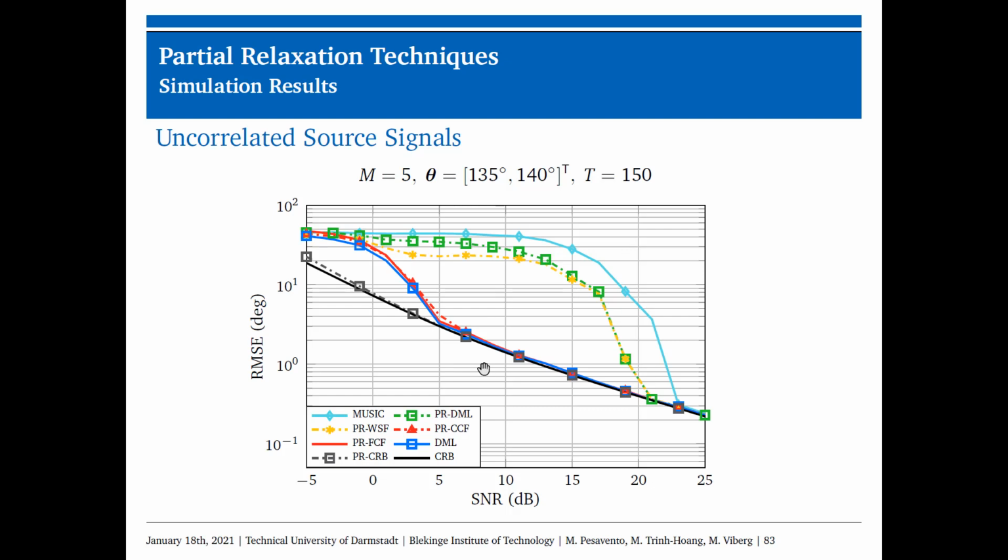The DML and WSF estimators in the partial relaxation framework achieve the Cramer-Rao bound at an SNR much lower than the MUSIC estimator, while the computational complexity of the PR estimators and the MUSIC estimator are in the same order of magnitude.